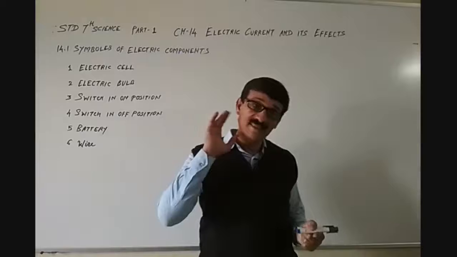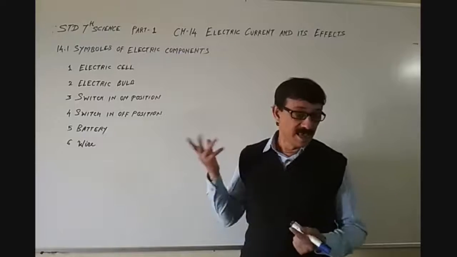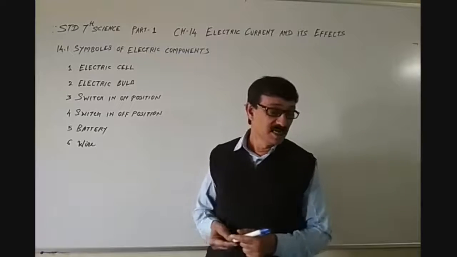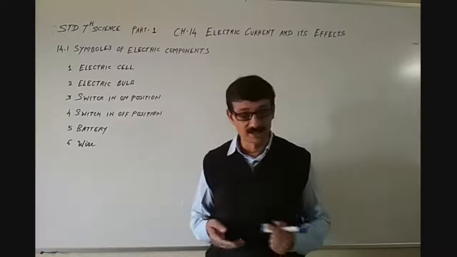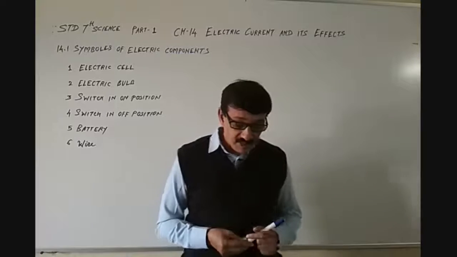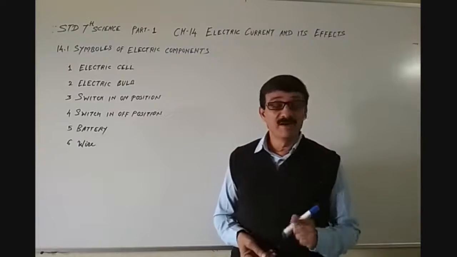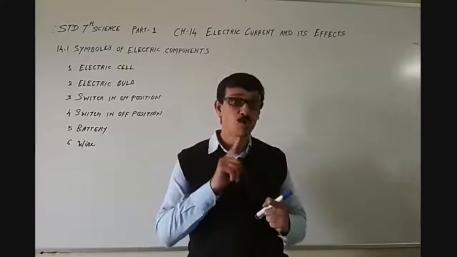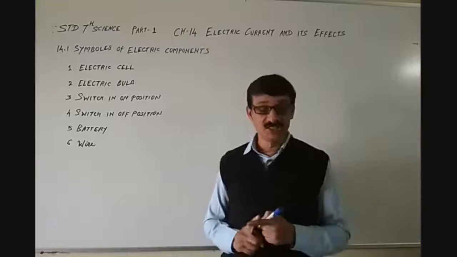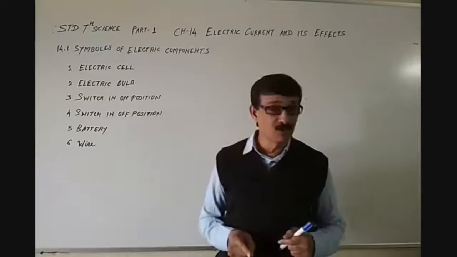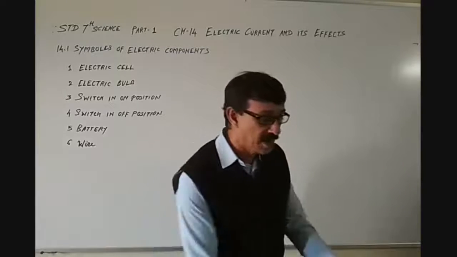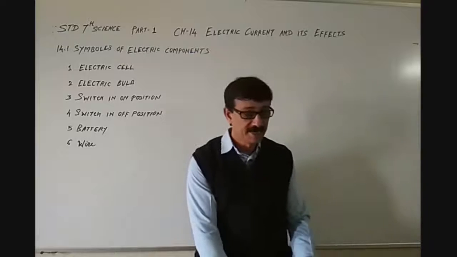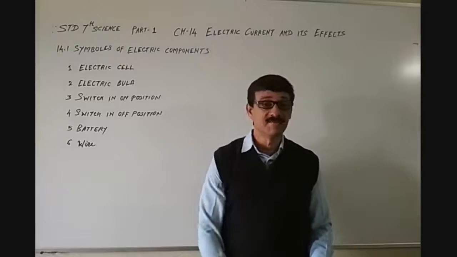The name of this chapter is Electric Current and its Effects, which is available on page number 160. So first of all, take your textbook, open page number 160, keep a sharpened pencil also with you, and let's start our chapter Electric Current and its Effects.